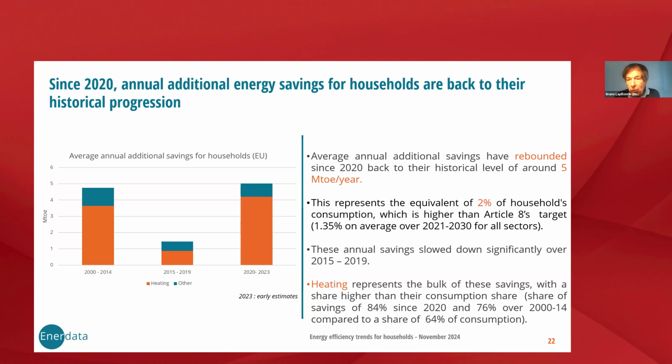Heating represents the bulk of this saving, with a share higher than its consumption share: a share of savings of 84% of the household sector since 2020, and a bit less in the period before, compared to its share of 64% of the consumption.